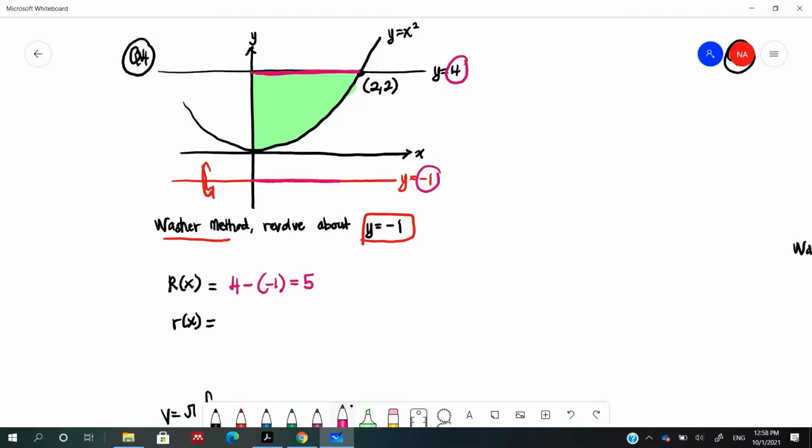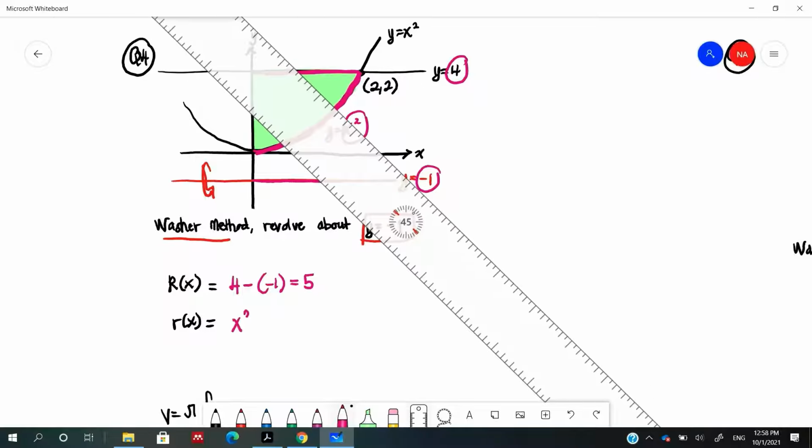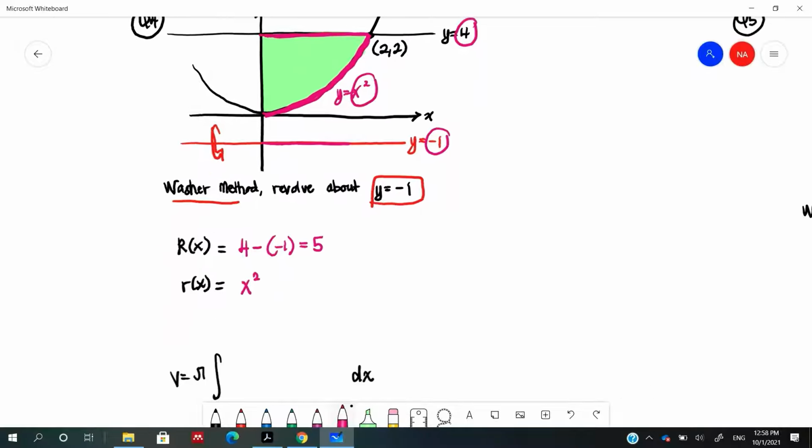So the inner radius should be this one because this is the nearest to the axis of rotation. The inner radius is given by y equal to x squared, so we use this x squared and subtract the axis of rotation, which is -1, so we have x squared plus 1.